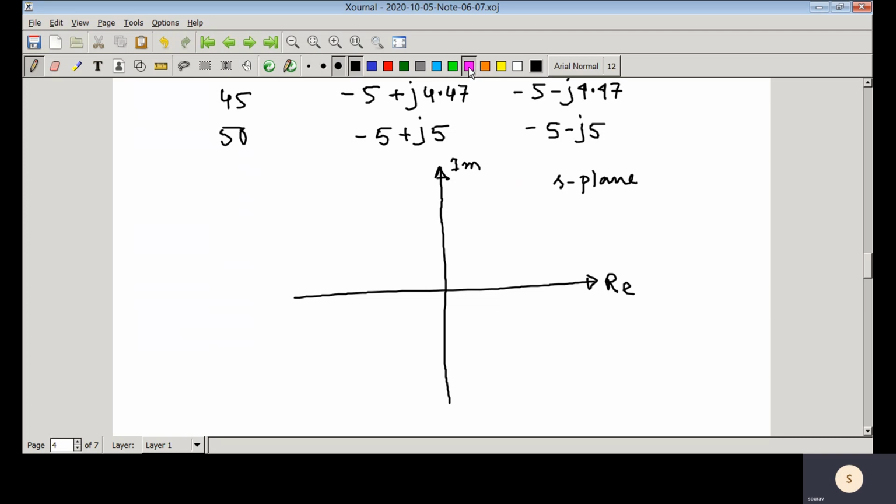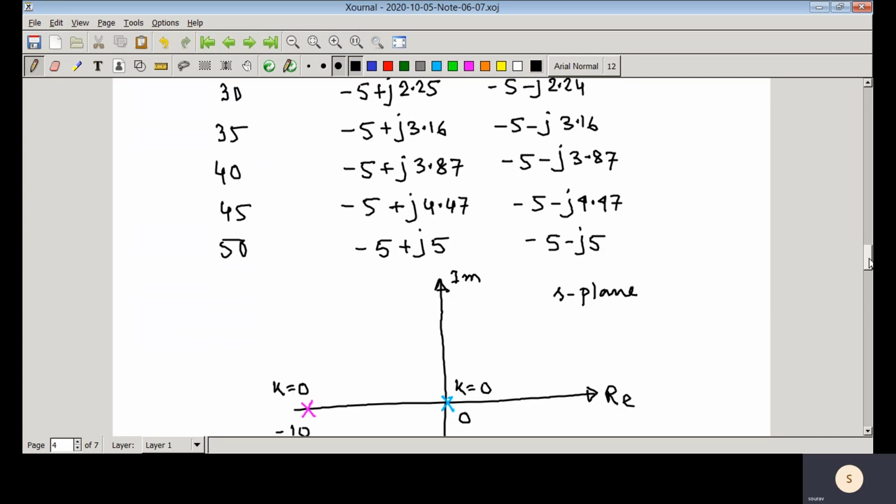We'll just use two colors. So one is at minus 10, so this is minus 10, and its value is k equal to 0, and when k equal to 0 there is another pole that is at 0.